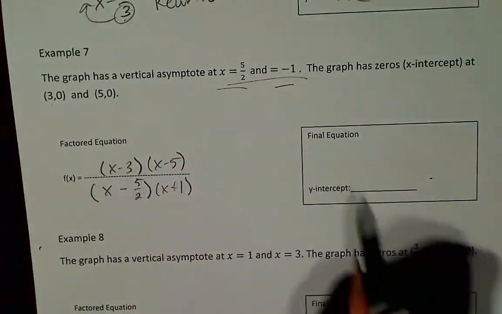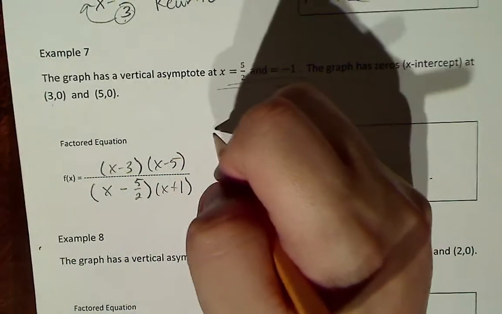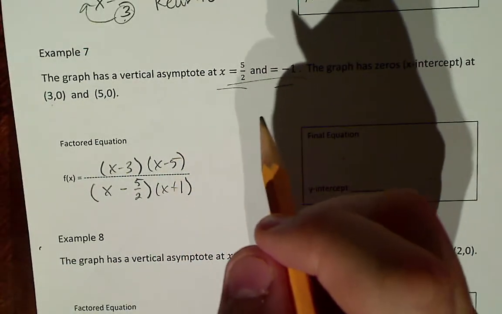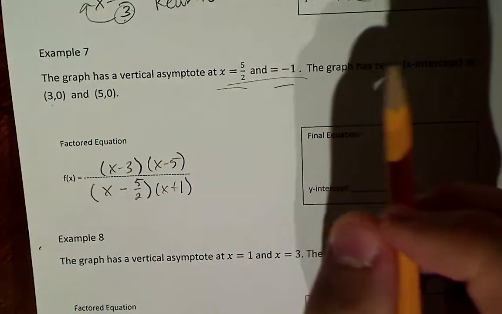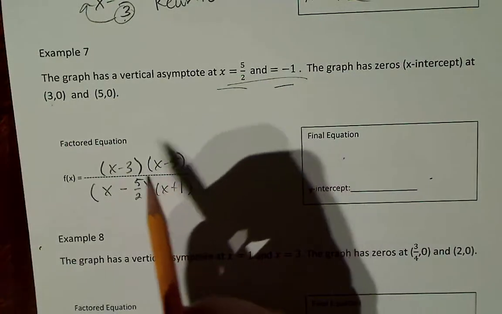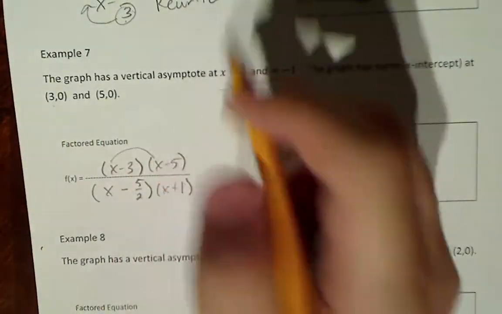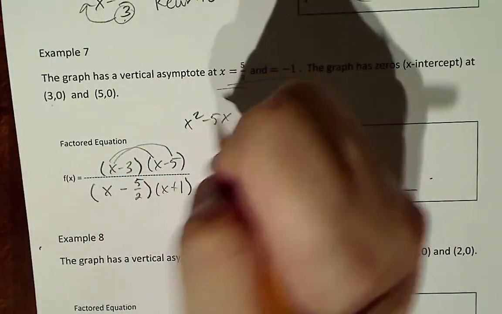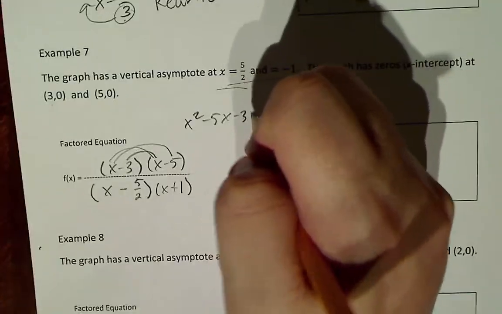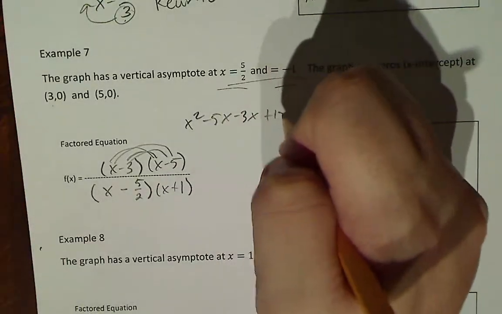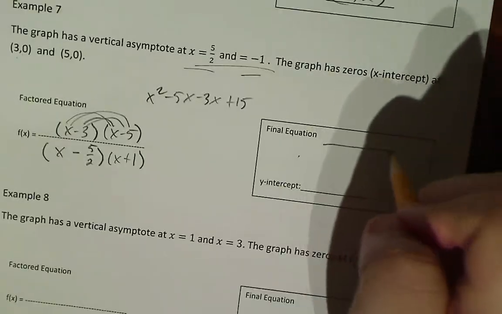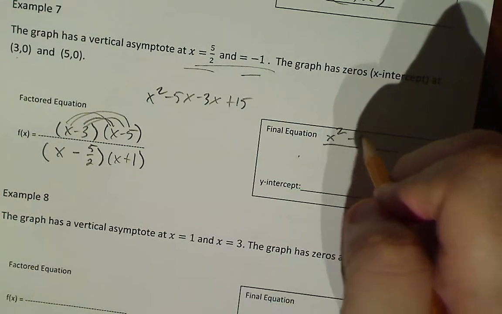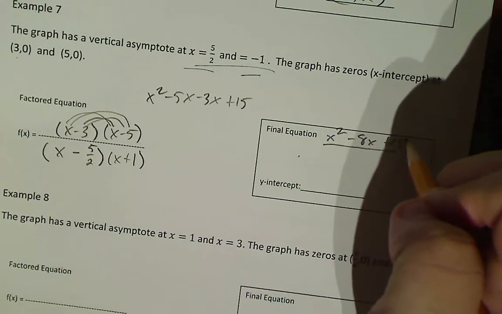So now I'm going to have to do some multiplying to get my final equation. So the top part, I'm going to do this FOIL method just to save a little bit of time. Essentially, if I do x times x, that's x squared. X times -5 is minus 5x, minus 3x plus 15. So my numerator would be x squared minus 8x plus 15.